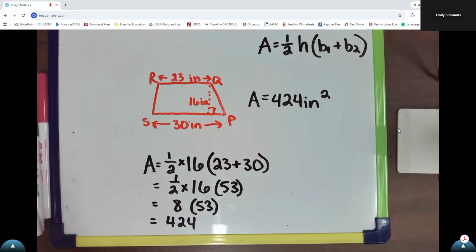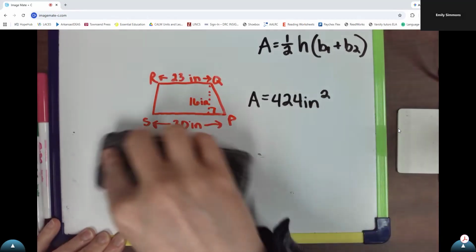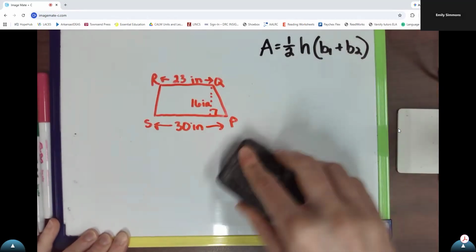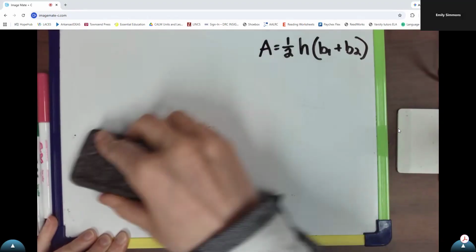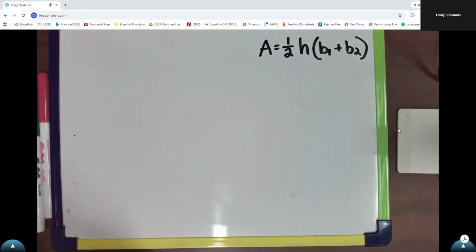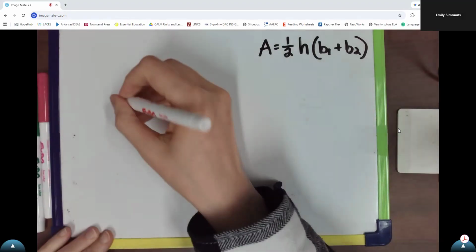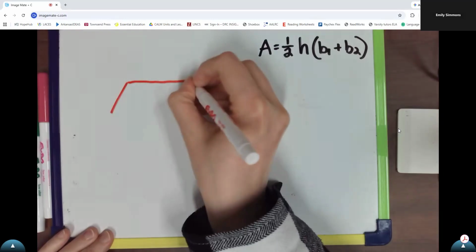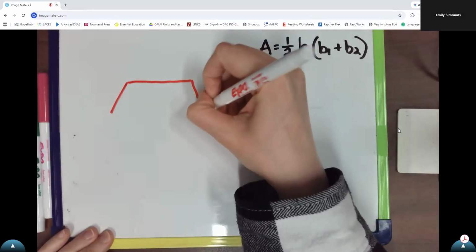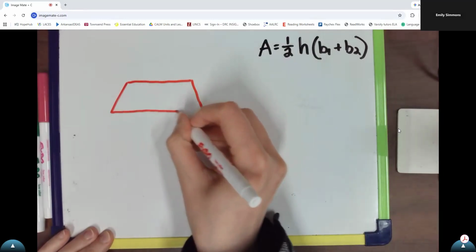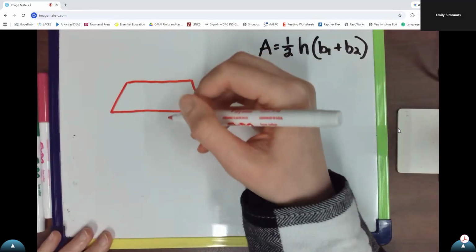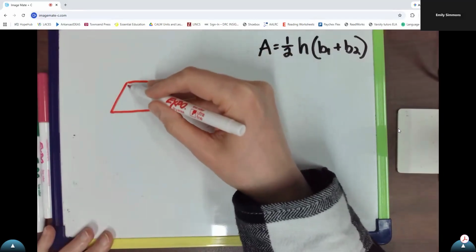And because you asked about trapezoids, I'm going to show one more example of a trapezoid. You didn't send me this one, but this is a bonus one. So here I have a trapezoid, and it may not be to scale, but it should work good enough for an example.